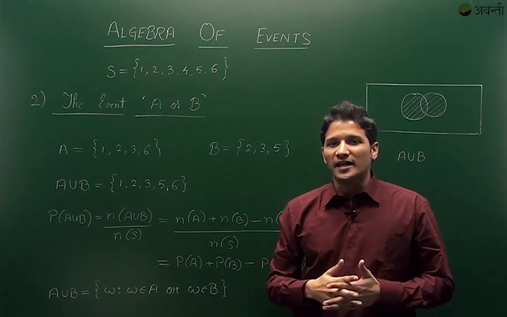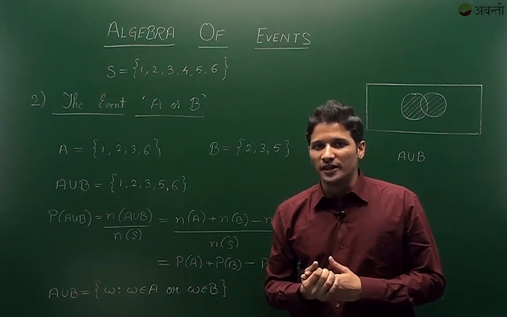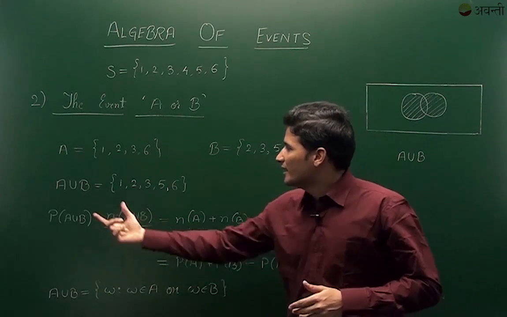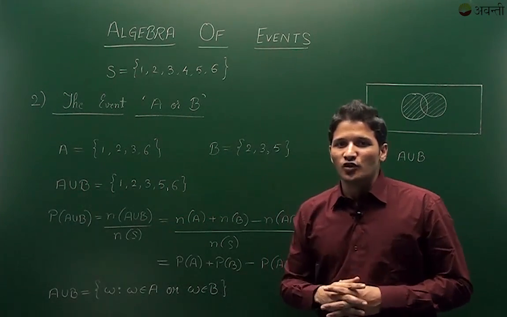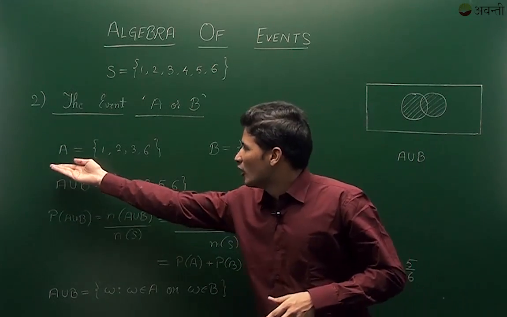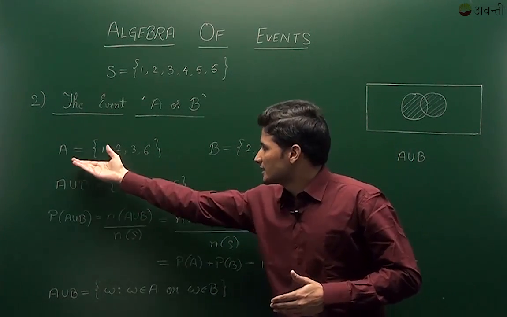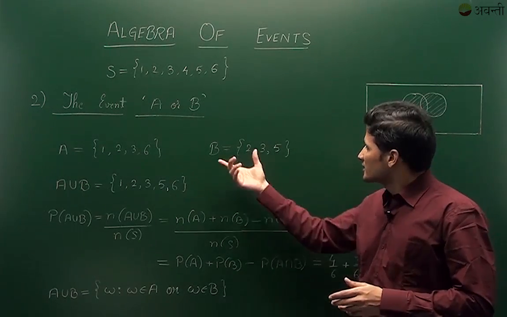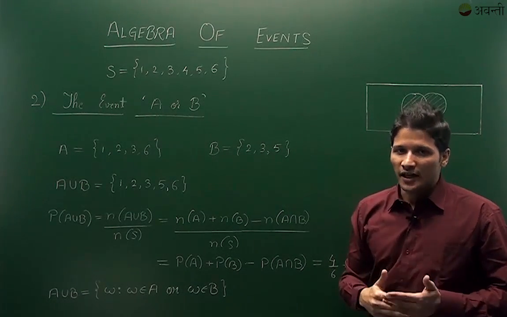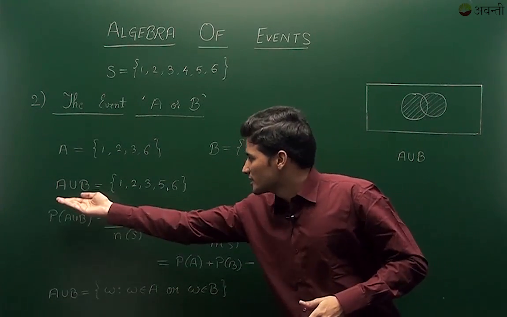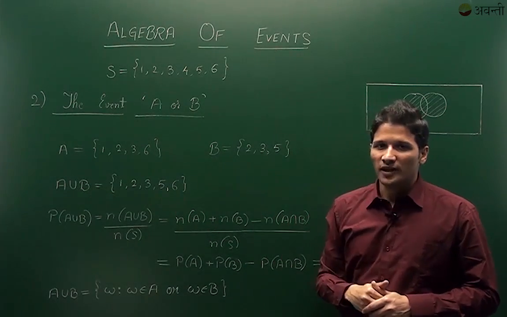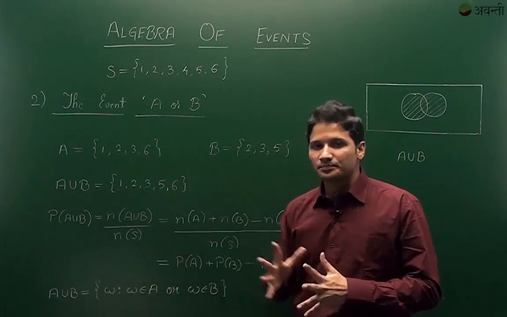Now we need to find the event either A or B, or we can say we have to find event A union B. In this event we'll carry all the outcomes which are in set A and all the outcomes which are in set B, or elements which are either in A or B or both. So this is how we write event A or B, which is completely like sets.